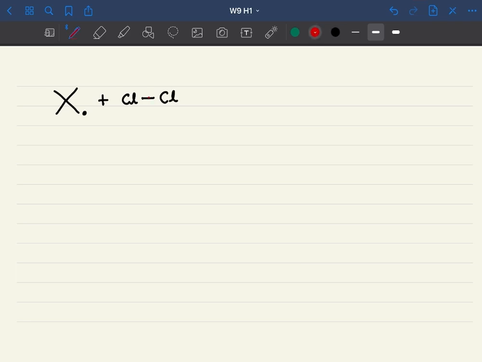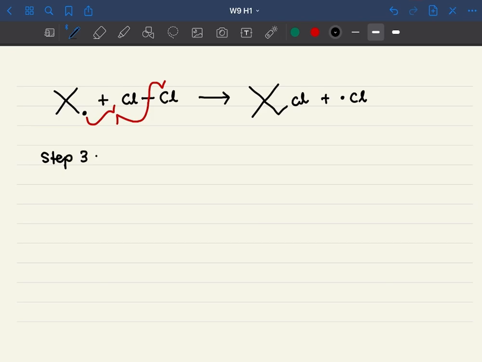Then this Cl bond will break symmetrically to give equal parts of Cl radical, and then the Cl radical will combine with the alkane radical to give a new product of haloalkane like this, plus the Cl radical. So we have regenerated the Cl radical. Next, moving on to the final step called termination.